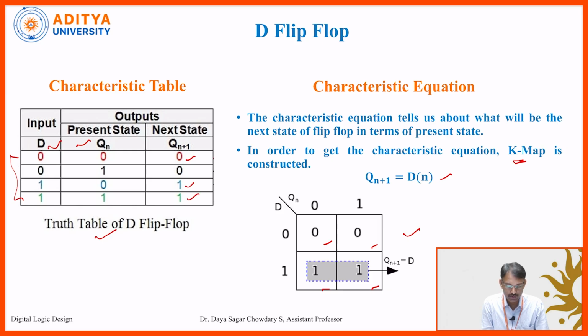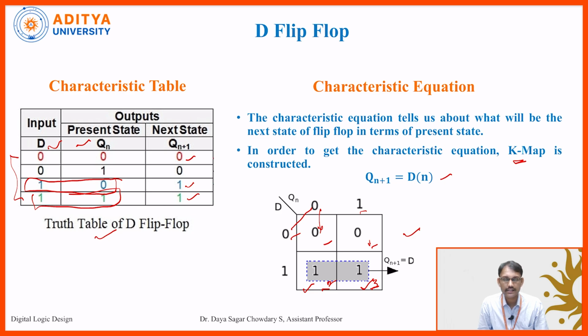For these two ones, the corresponding inputs are 1 0 and 1 1. So in place of 1 0 we place 1 here, and in place of 1 1 we place 1 here, because this is the 0 0 box, this is the 0 1 box, this is the 1 0 box, that is 2, and this is the 1 1 box, that is 3.